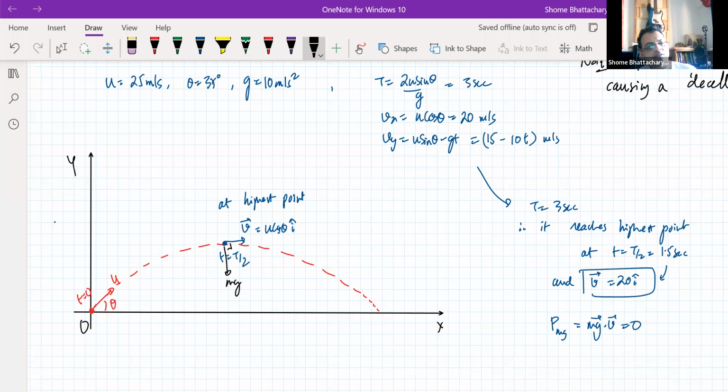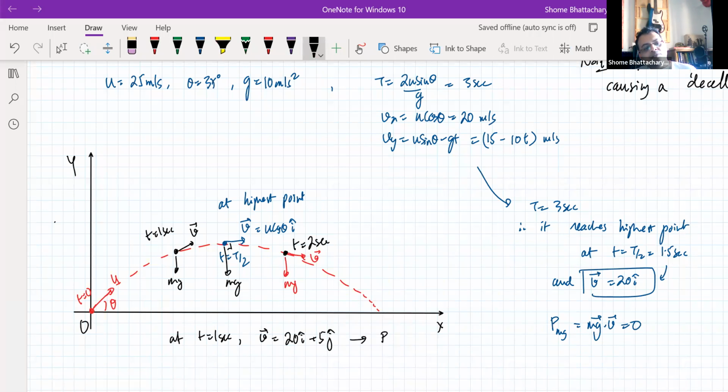But for example, we had just seen that t equal to 1 second was a little before this, and at that time velocity was like this, whereas t equal to 2 seconds will be at a position like this. Now if we see, at t equal to 1 second, the velocity was 20 i cap plus 5 j cap.